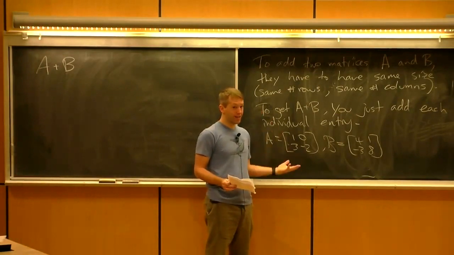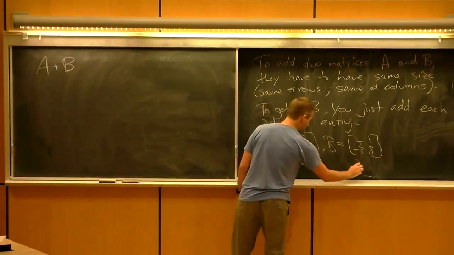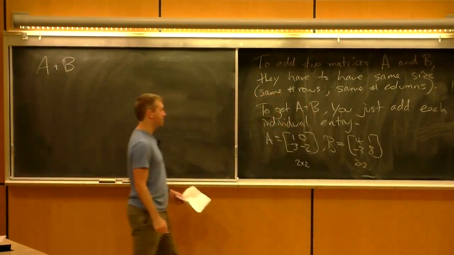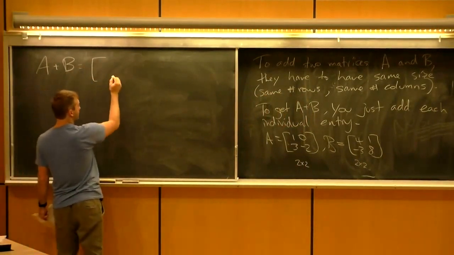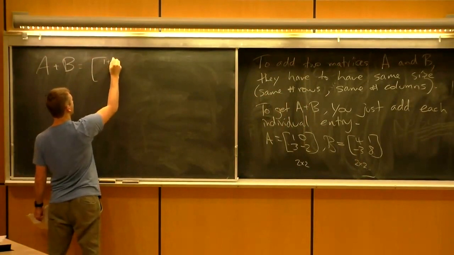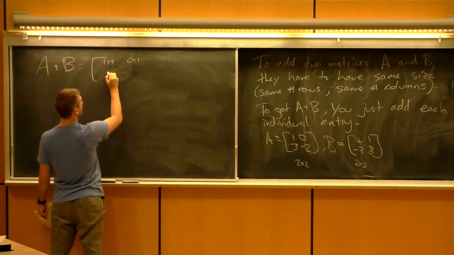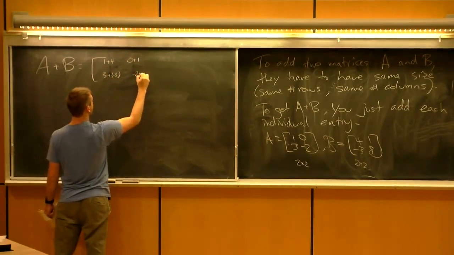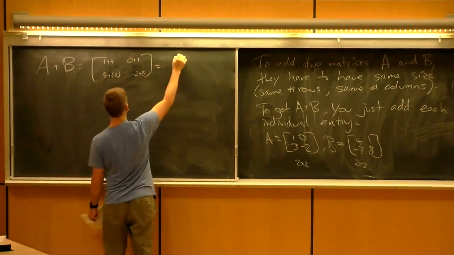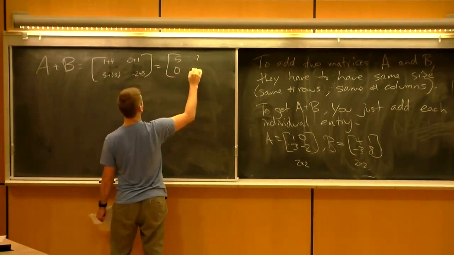And in this case, it does. These are both 2 by 2. So it makes sense to add them. And when I add them, I just add the corresponding entries. So here I get 1 plus 4, here 0 plus 1, 3 plus -3, and negative 2 plus 8. So in other words, it's 5, 1, 0, 6.